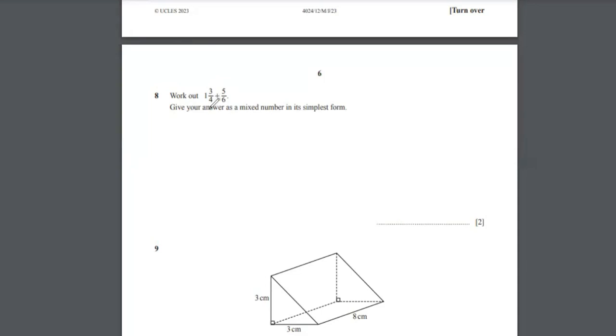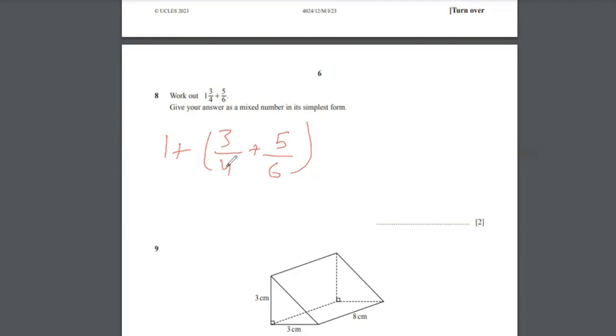So this is 1 whole 3/4 plus 5/6. We need to add these two. Okay, 5/6 is improper fraction. So the shortest way will be, we'll leave this 1 over here, and we'll add these two fractions. 3/4 plus 5/6. This is the shortest and simplest way.